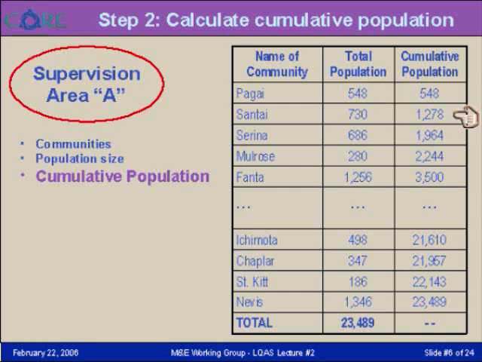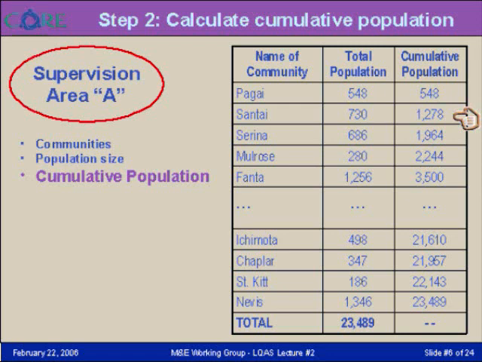To obtain the second cell in the cumulative population column, what we're going to do is to add the population size of the second community to the previous cumulative population cell. And that's the way we're going to get the cumulative population for the second cell. In this case, 548 plus 730. That will give us 1,278.